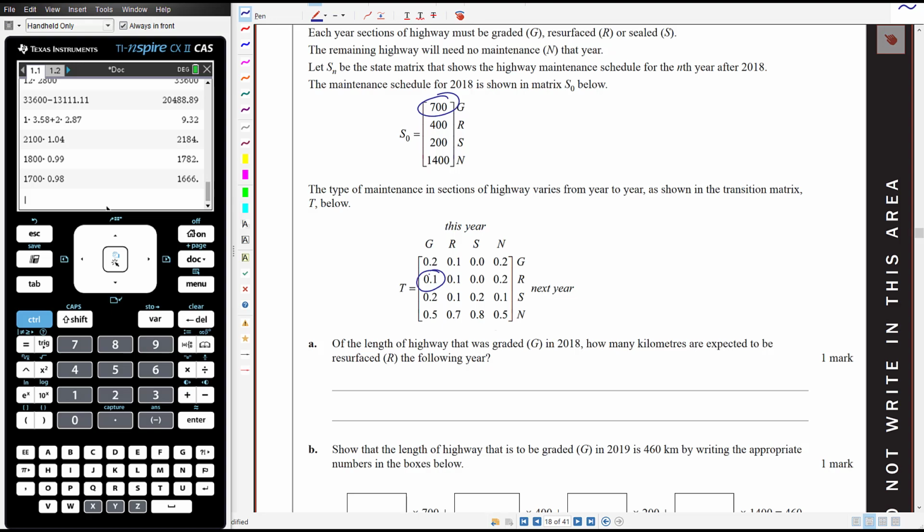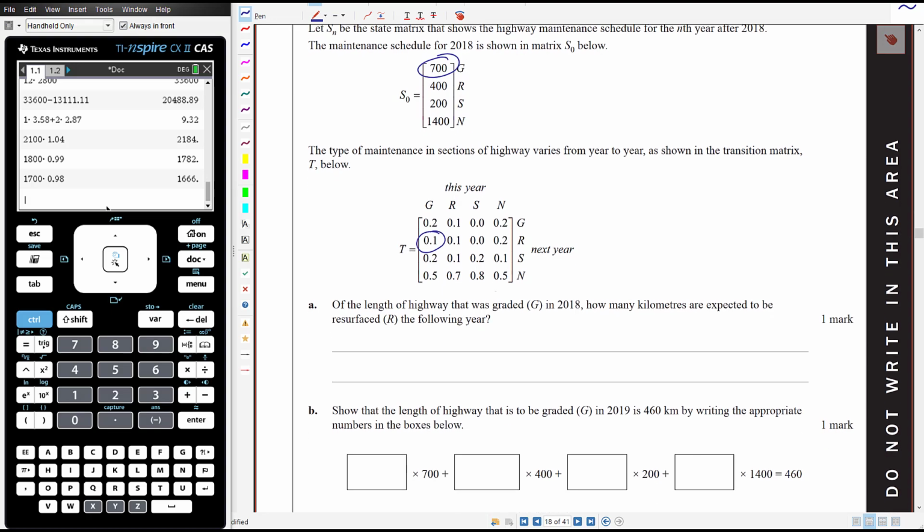That's 10%, and there was 700 kilometres initially. So it's 700 times 0.1, 10% of 700 kilometres. You can check it with your CAS. So 700 times 0.1 is 70 kilometres. So of the 700 kilometres that were being graded in 2018, 70 kilometres out of that will next year be being resurfaced.